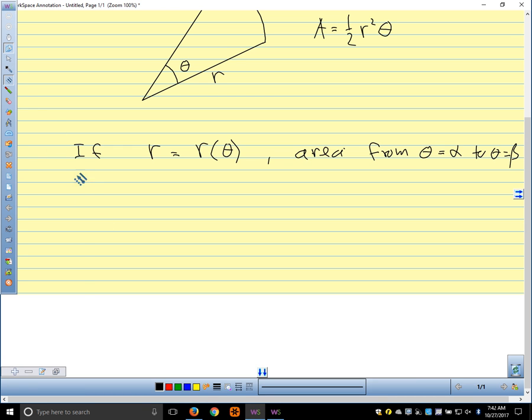Let me sketch a little graph here. Hopefully this will become a familiar argument when we talk about these kinds of things. So we have some curve, and this is given by r of theta.